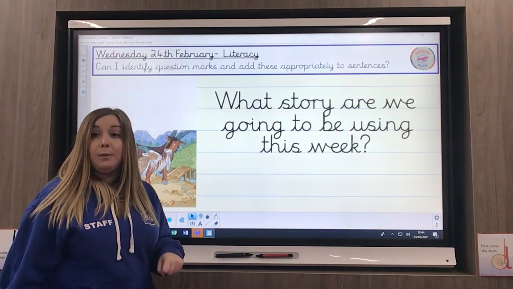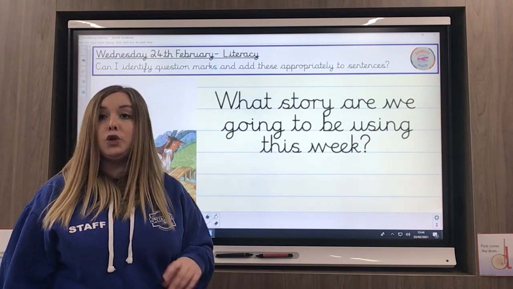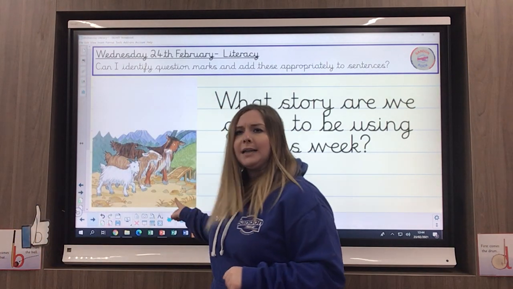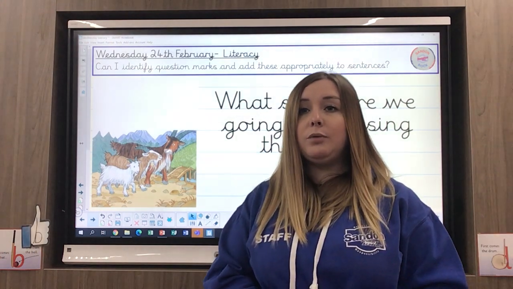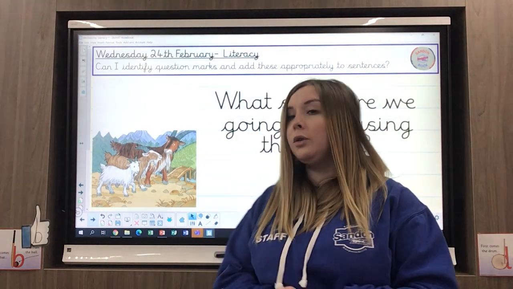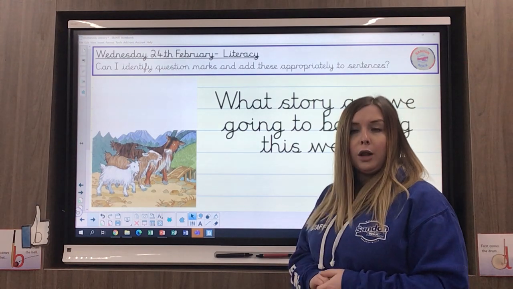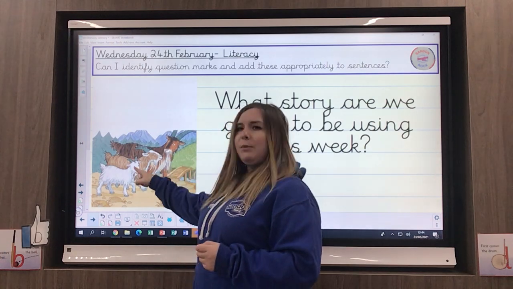So, each week we will be looking at a new story, and our story will then link to our piece of writing. I've got a picture from my story today, and just before I get started, I want you to think about what story we're looking at. So let's see what we can see. I can see 3 animals.